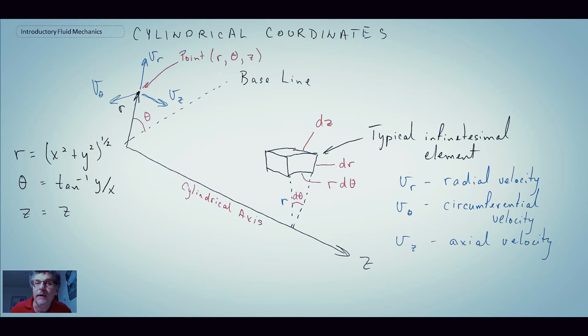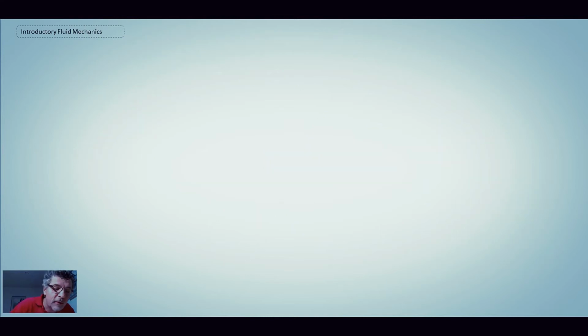With this, we can rewrite our continuity equation. In order to do that, what you need to know is the divergence operator in cylindrical coordinates, sometimes also called polar coordinates.